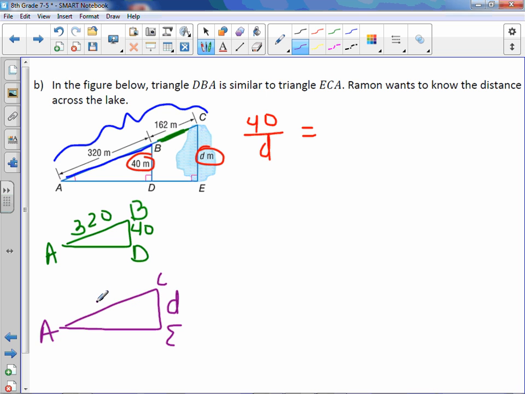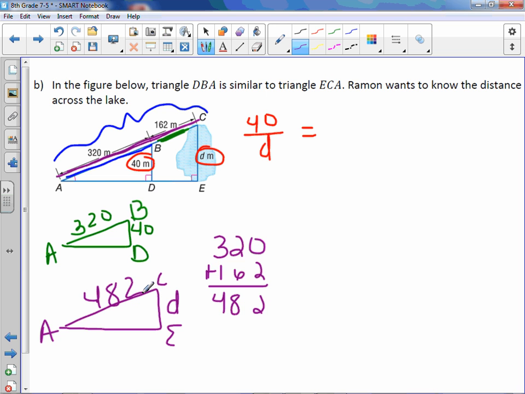But I know that this length is a total of these two lengths put together. So let's add those two lengths. 320 plus 162. So this length is actually 482.